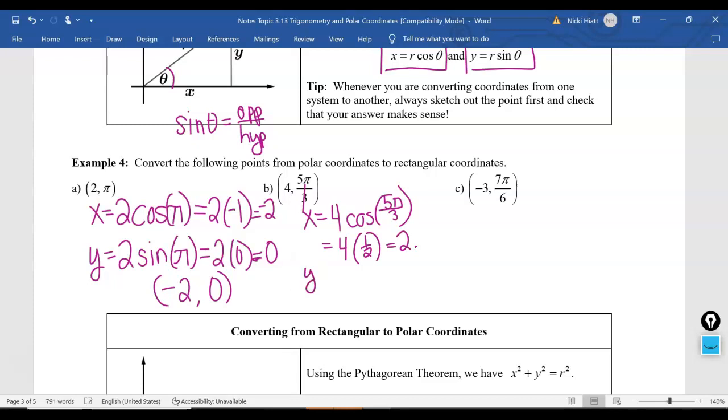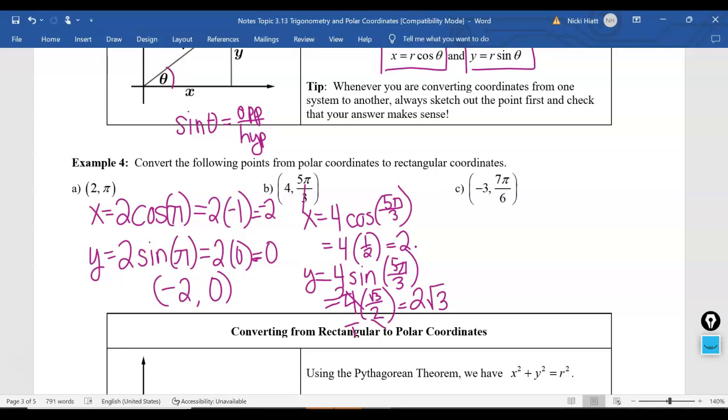And then for our y coordinate, we're going to have 4 sine of 5 pi over 3, and that is going to be 4 times square root of 3 over 2, and that 4 is like 4 over 1. The 4 and the 2 can reduce, and we will get 2 square root of 3 there.